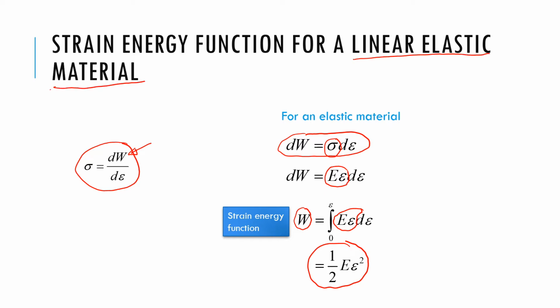So for other materials, we have a lot more complex form for this W. The important thing is this relation is still valid, and we can bring in different expressions for W to relate stress and strain for different materials.